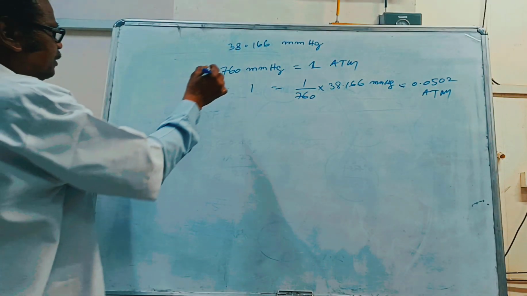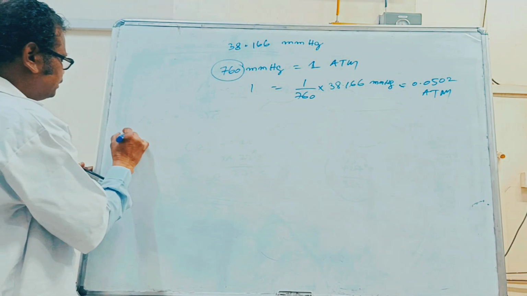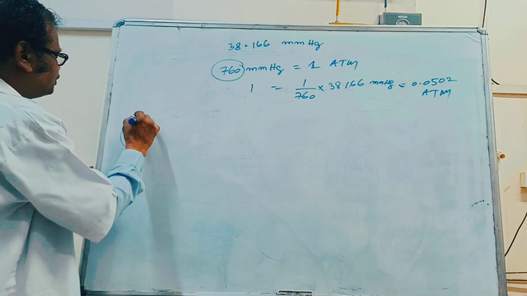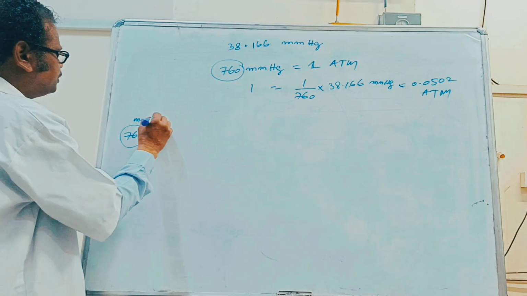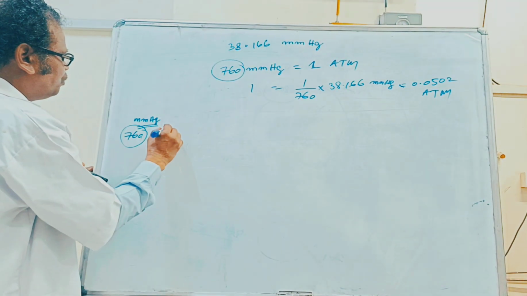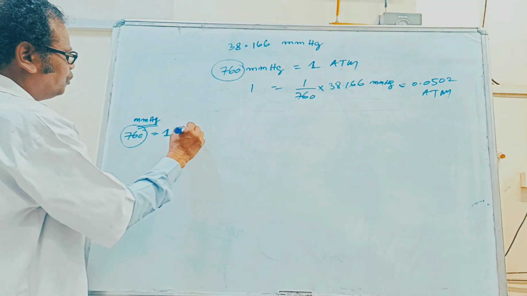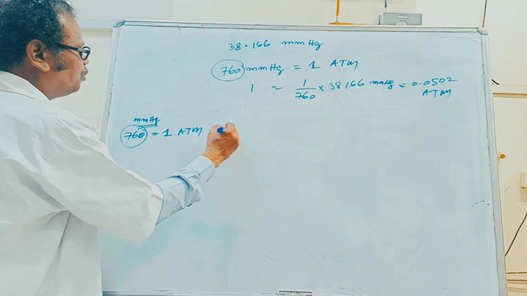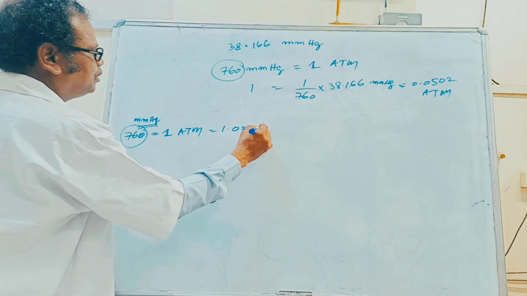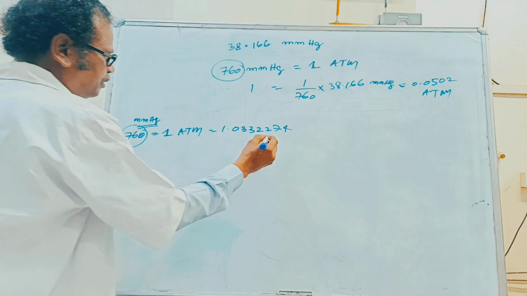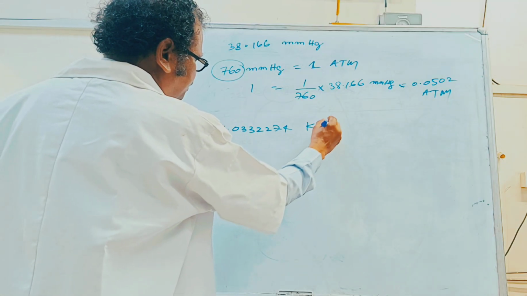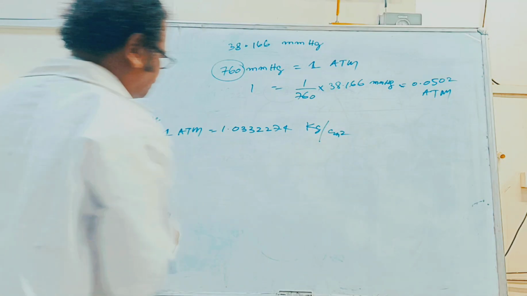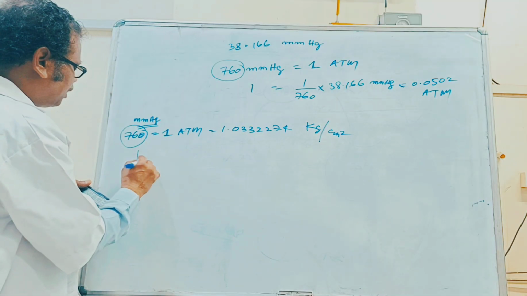Then how does 760 mm Hg become equal to 1 atm? 1 atm is equal to 1.033274 kg per cm square. How does it come?